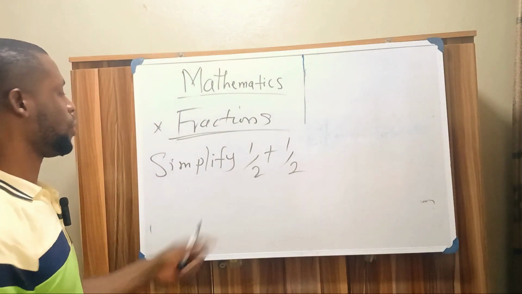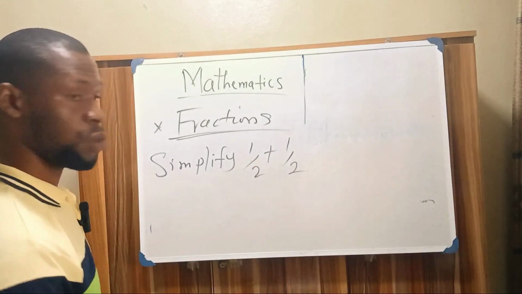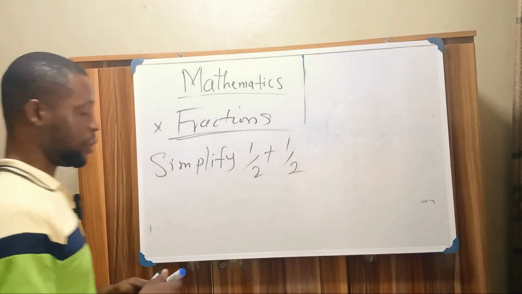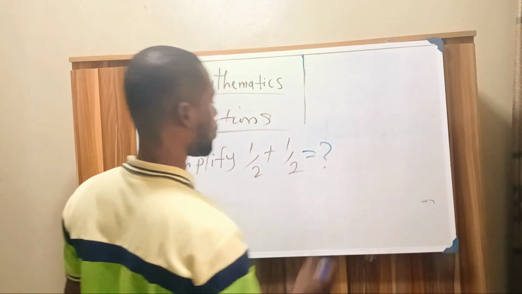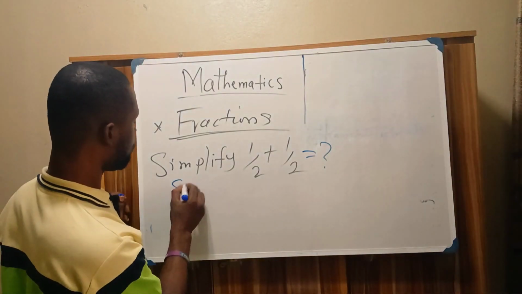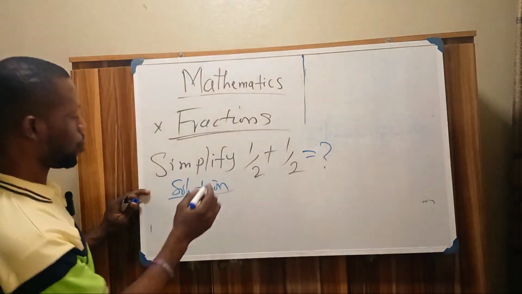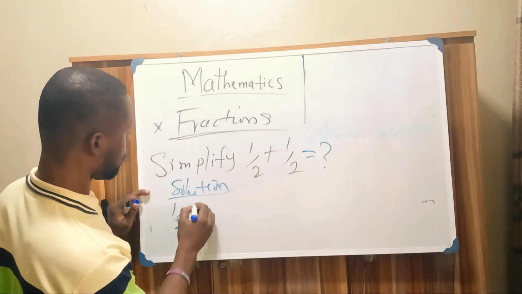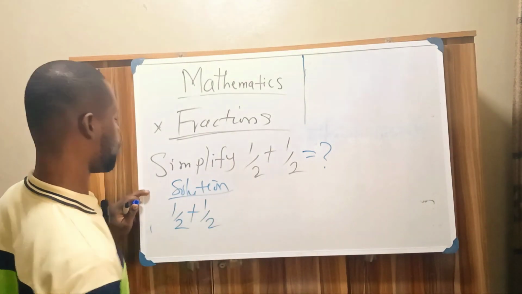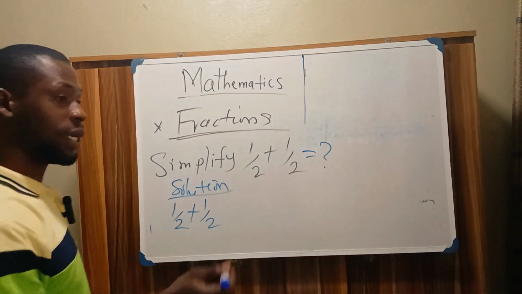If you are asked to simplify 1 over 2 plus 1 over 2, what is going to be your answer? This is what you are going to do. You write solution. You write down the equation plus 1 over 2. Now, the next thing you are going to do is this. You take the LCM.